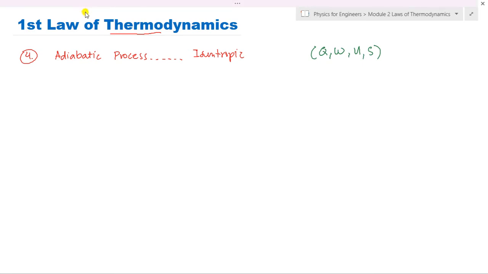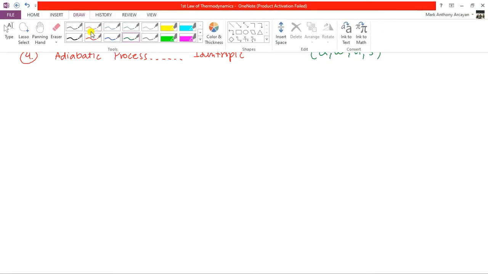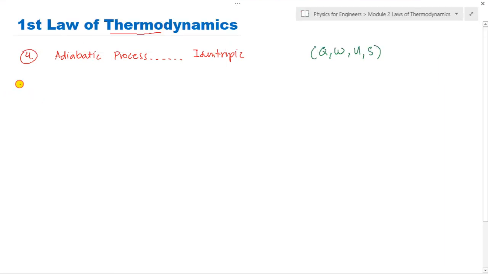Let's start with the substance air, and let's first draw the representation on our PV and TS diagrams. On PV, the drawing is a steeper curve, meaning this is point 1, point 2. It looks like an adiabatic expansion.